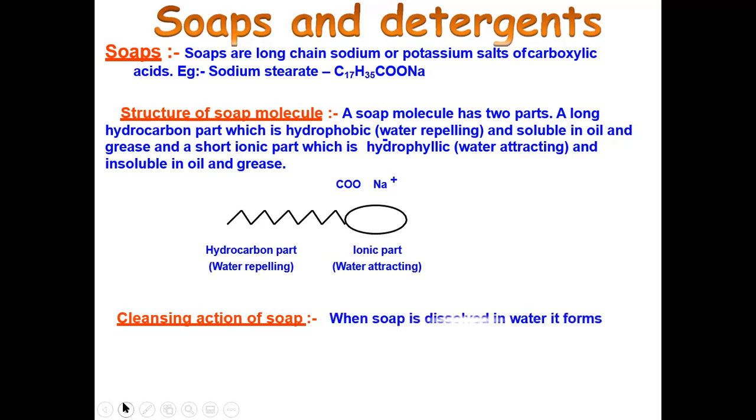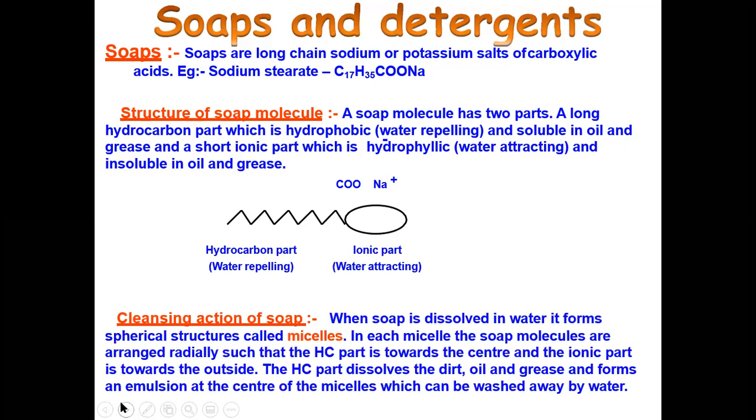Cleaning action of soap. When soap is dissolved in water, it forms a spherical structure of ions that is known as micelles. In each micelle, the soap molecules are arranged such that the hydrocarbon part is towards the center and the ionic part is towards the outside.